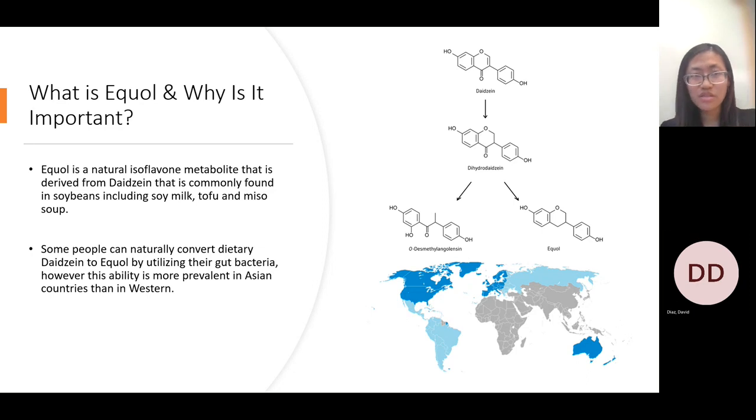I believe research has shown that in Western populations, only around 20 to 30% can actually naturally convert this, while Asian populations have an advantage with a higher percentage. And as you can see on the right side of the schematic, daidzein is converted to dihydrodaidzein and into equol, also producing another byproduct on the side.